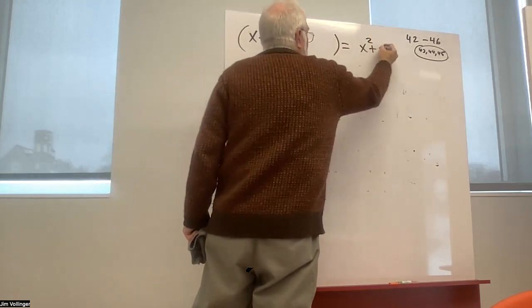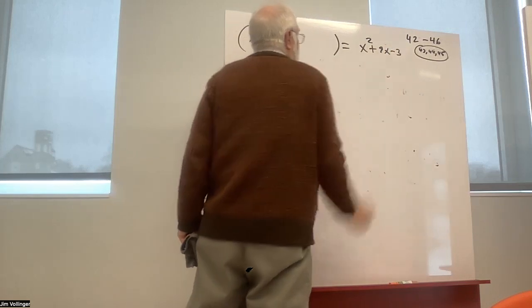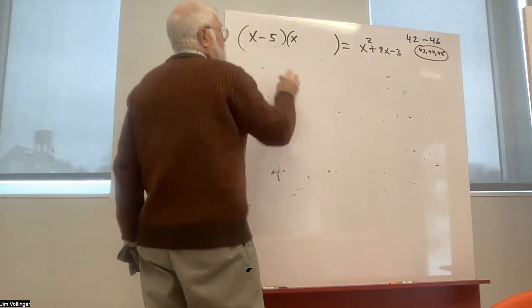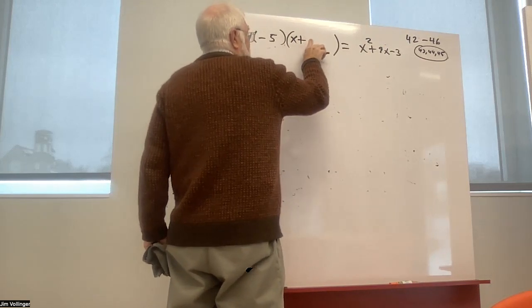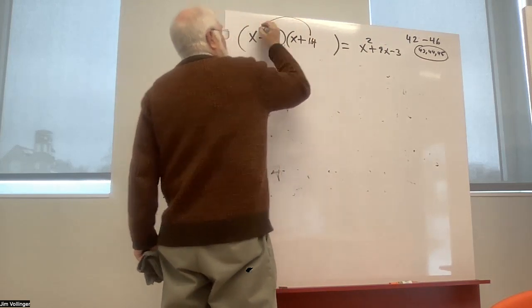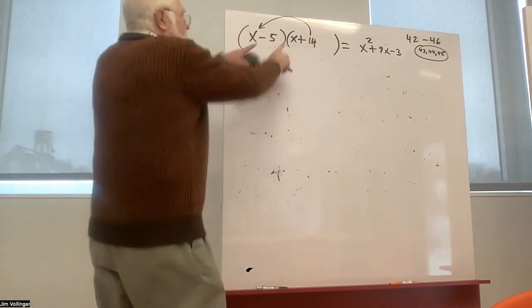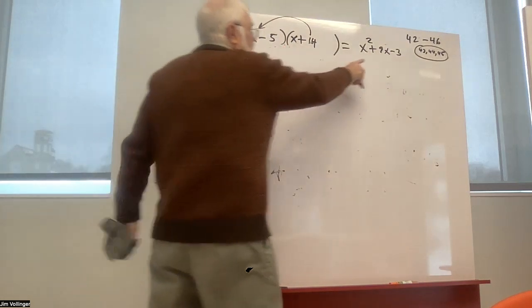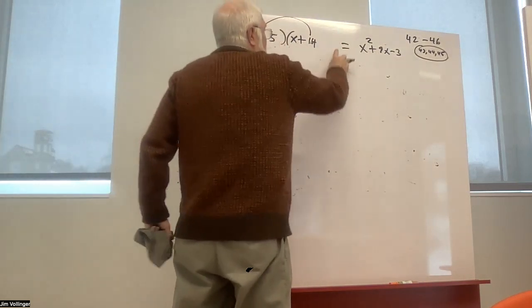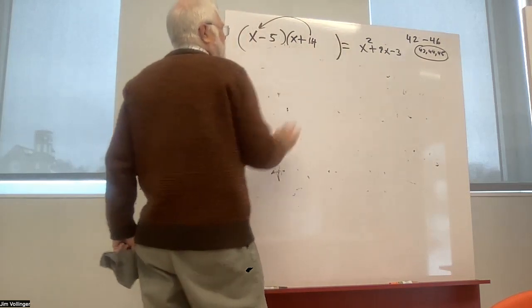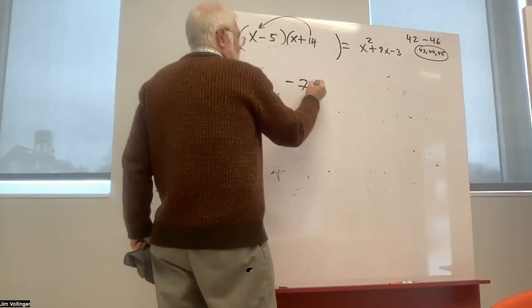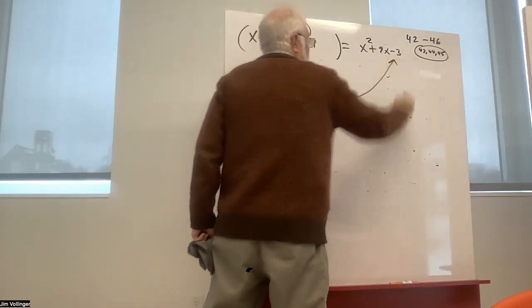X squared plus 9x minus 3. Okay, that's x. To get from -5 to 9, I got to go up 14. And I hope you can see that in the FOILing process, -5x plus 14x gets us that. And then, all right, I've got to get -5 times 14, which is -70. And I got to get to -3.